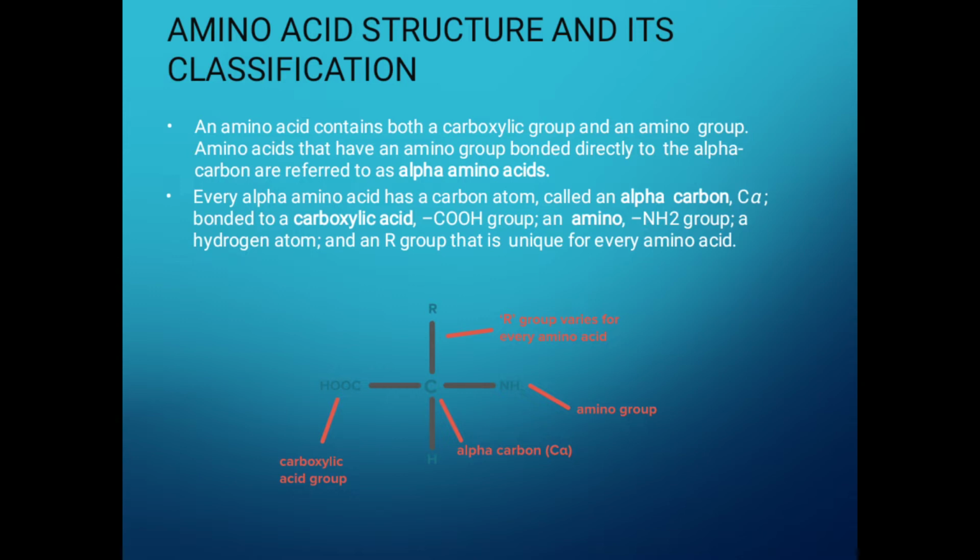Every alpha amino acid has a carbon atom called an alpha carbon bonded to a carboxylic acid COOH group, an amino group NH2, a hydrogen atom, and an R group that is unique for every amino acid.